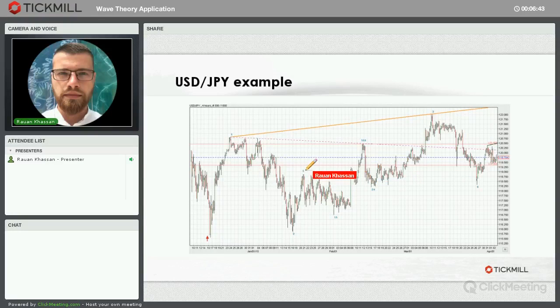I have used blue text to show you a typical wave pattern, which starts from the low in the middle of January.